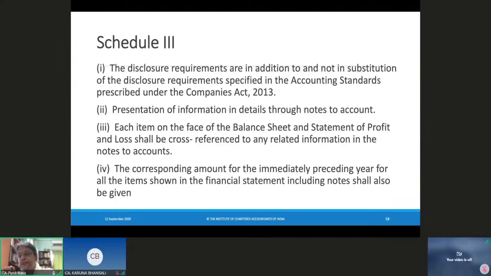So there are exemptions, where it is specifically not required, like exemptions for preparation of the CFS. It has been intimated in writing, and the proof of delivery of such intimation is available with the company, and they do not object to the company not presenting a CFS.